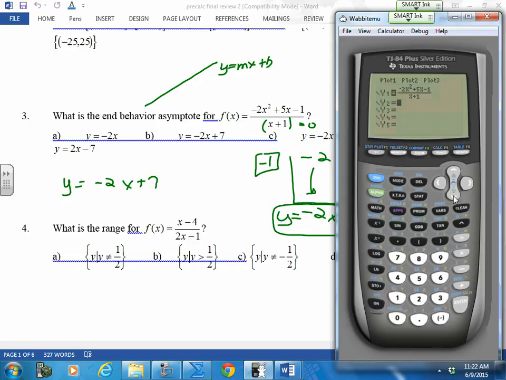And then I'm going to put your slant asymptote in here. It's going to be a line. When we graph this, here's my graph, here's my asymptote, it's sending this at -1 in different directions.